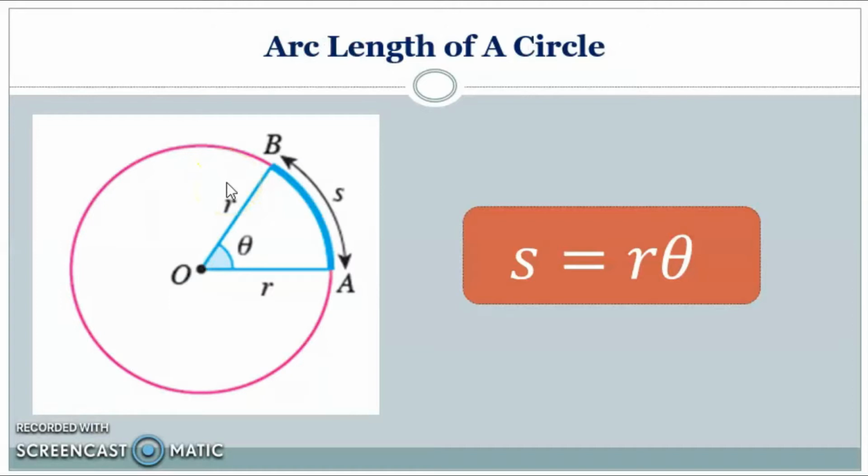Based on the definition of 1 radian that we learned previously, the arc length of a circle, here AB, represented by S, can be found by using the formula S equals R theta, where S is the arc length, R is the radius OA, and theta is the subtended angle in radian.